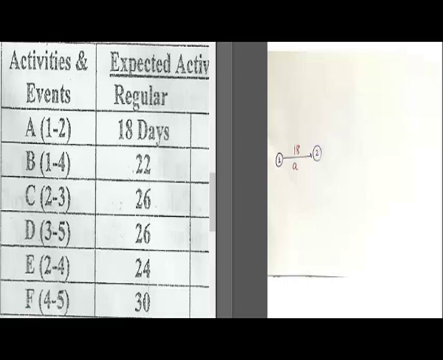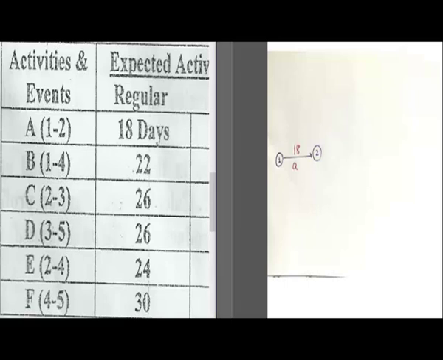In the regular time, this event, for example, like the excavation, we're looking for gold, for example, in a piece of land, and activity A stands for excavation, and it starts at point 1 and ends at point 2, and this usually takes in the regular time 18 days. So you will draw a straight line starting from point 1 to point 2 and write under it activity A, and it takes 18 days.